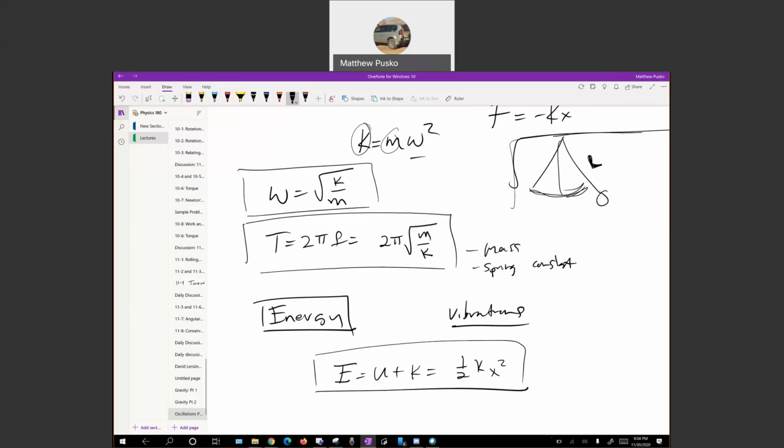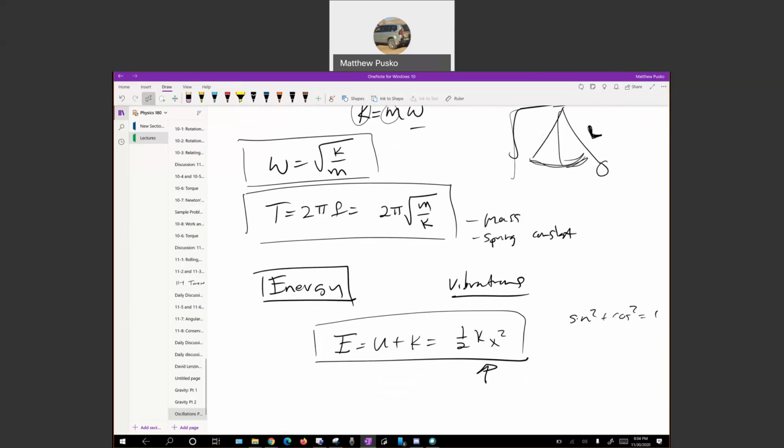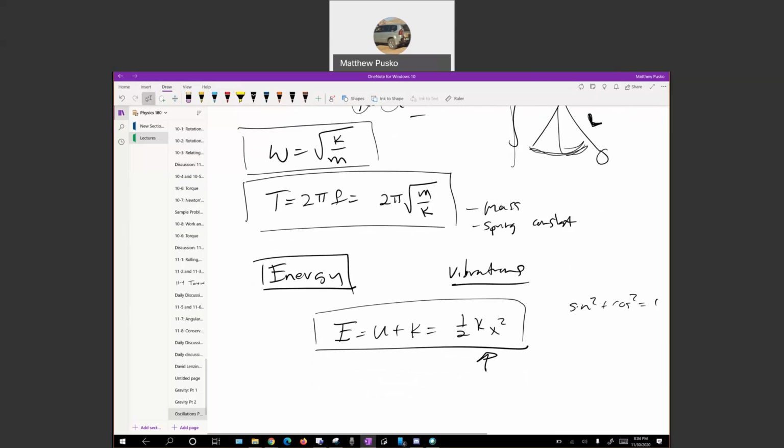So they do a whole derivation where sine squared plus cosine squared is equal to 1 to reduce it, and it all reduces down to this. The energy of the system is just really related to how far out it is and what the k value is.